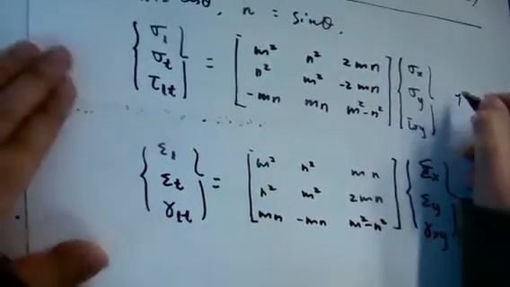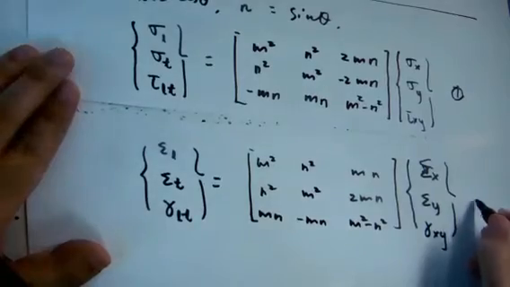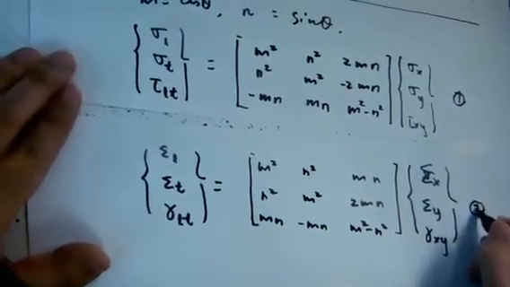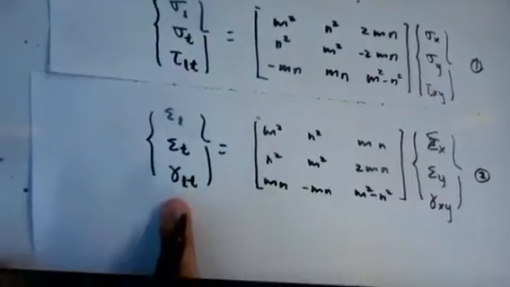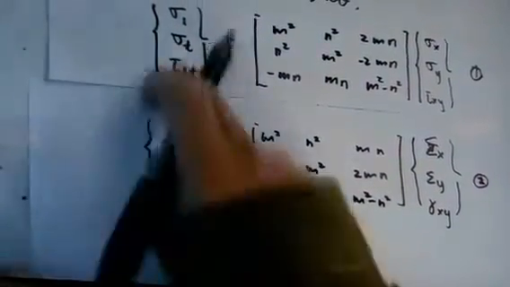So this equation is to transform the stress components, and this equation is to transform strain components. On the left, this is a stress in the local coordinate, and this is a strain in the local coordinate. We already have the relation between them.